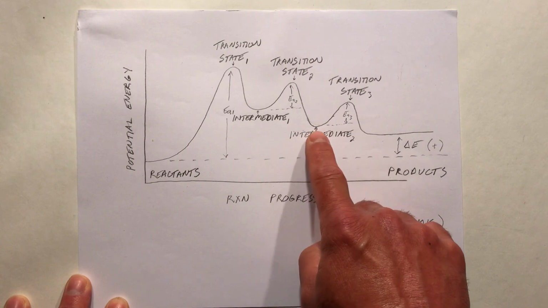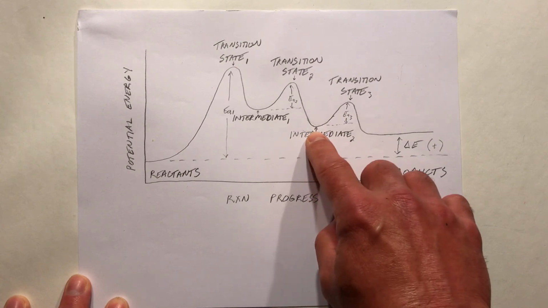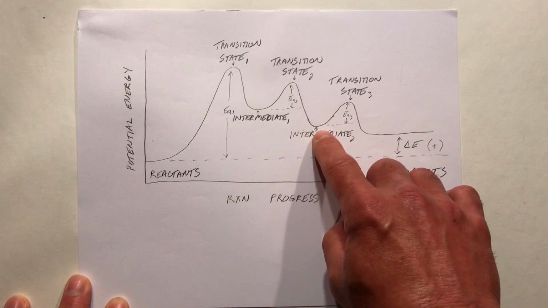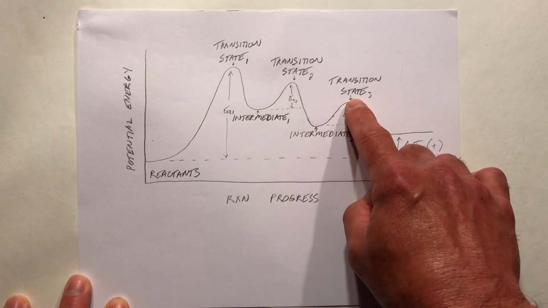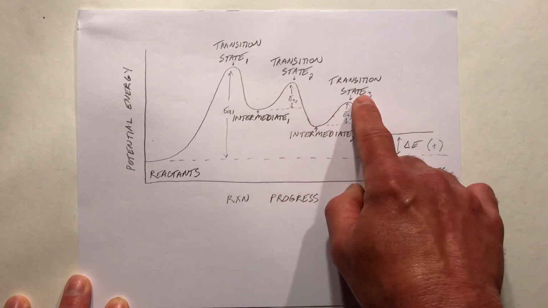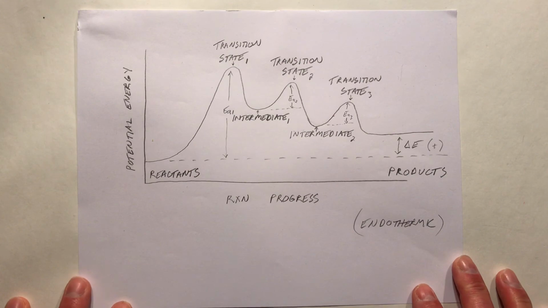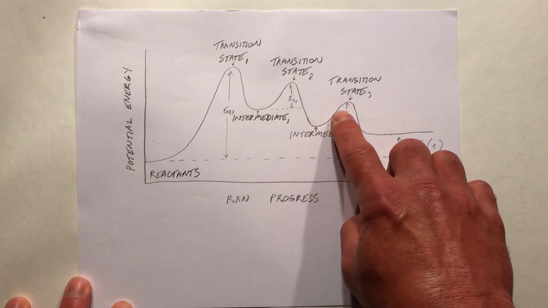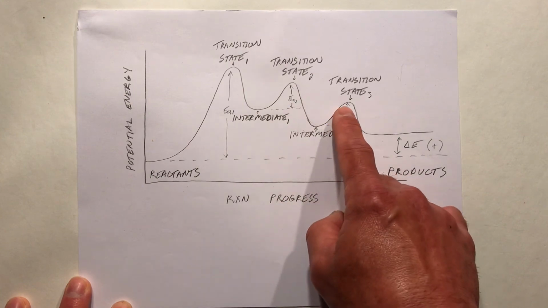So the intermediate that forms here continues to react, and some of the bonds in this molecule get broken, and we get another transition state. Again, transition states are not molecules. They're molecules that have some bonds that are broken as the activation energy is introduced into the previous chemical.